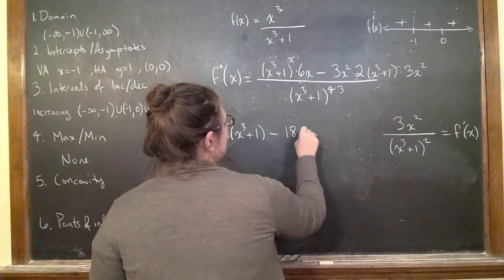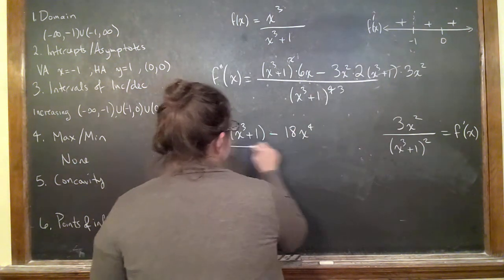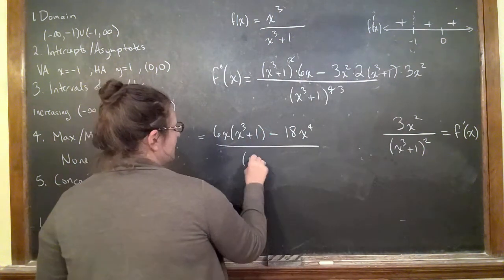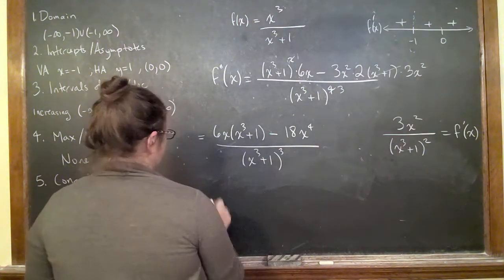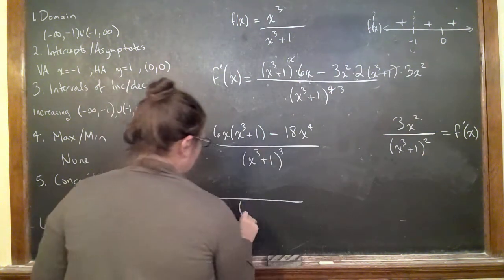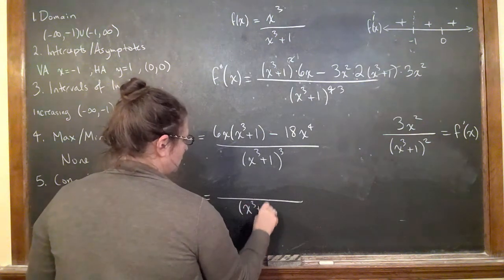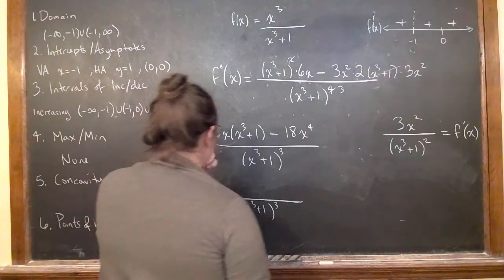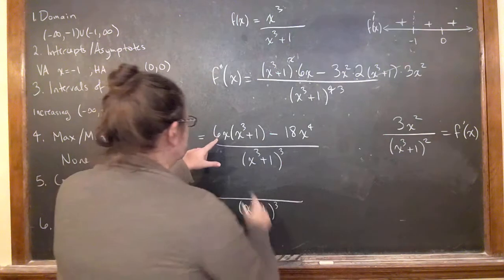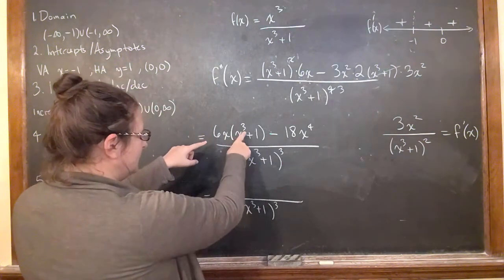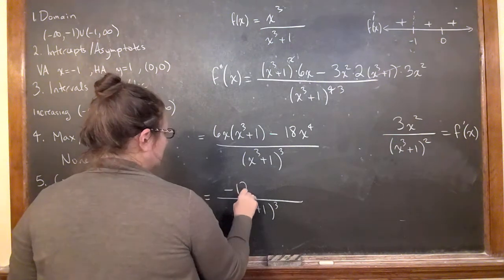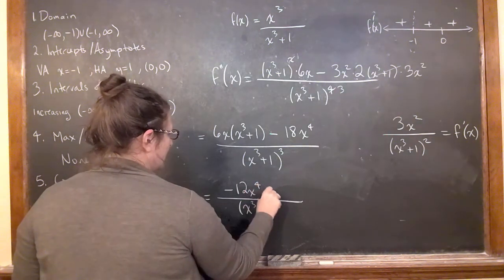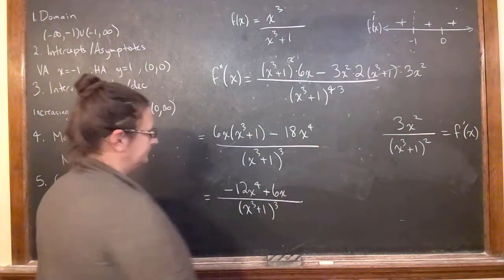So 18 and x to the 4th, right? And then the bottom is x cubed plus 1 cubed. Okay, so x cubed plus 1 cubed, and then this is going to be 6x to the 4 minus 18x to the 4, so negative 12x to the 4 plus 6x.